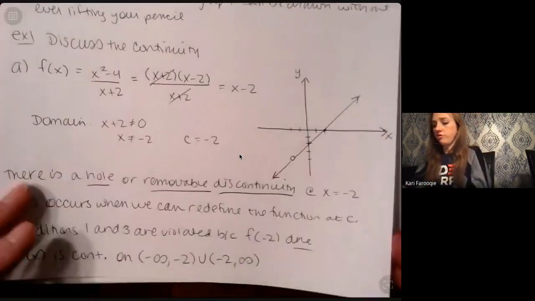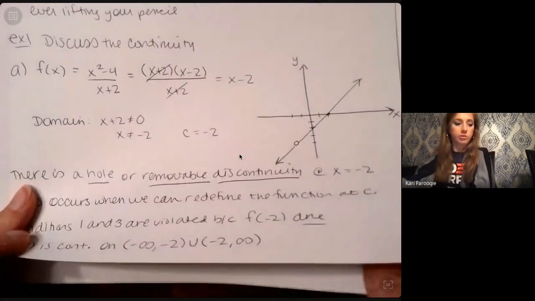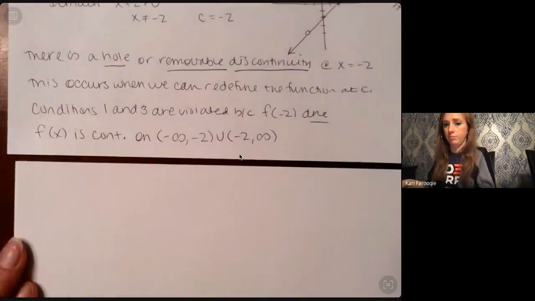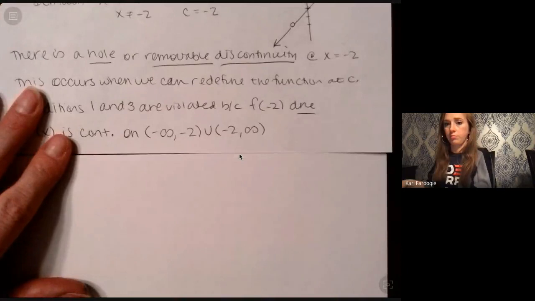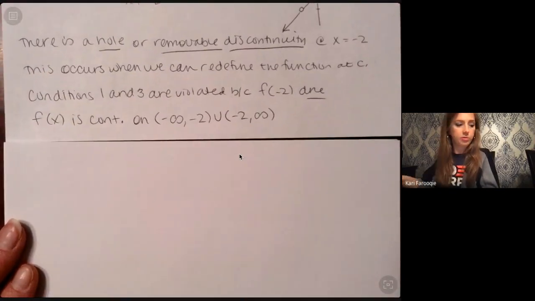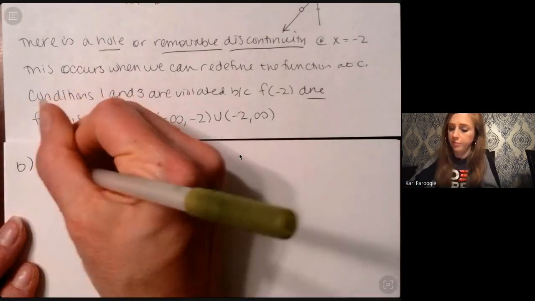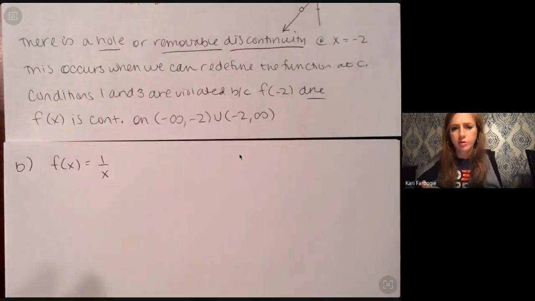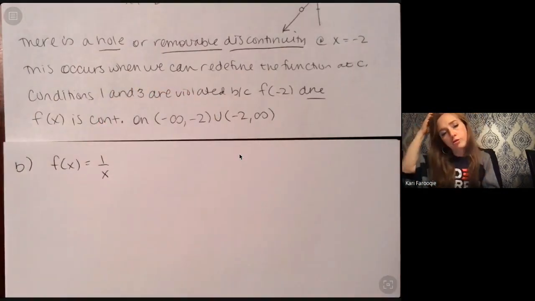So let's contrast that with your reciprocal function. This will be example 1b. f of x equals 1 over x. This was another one from your library of functions in college algebra.